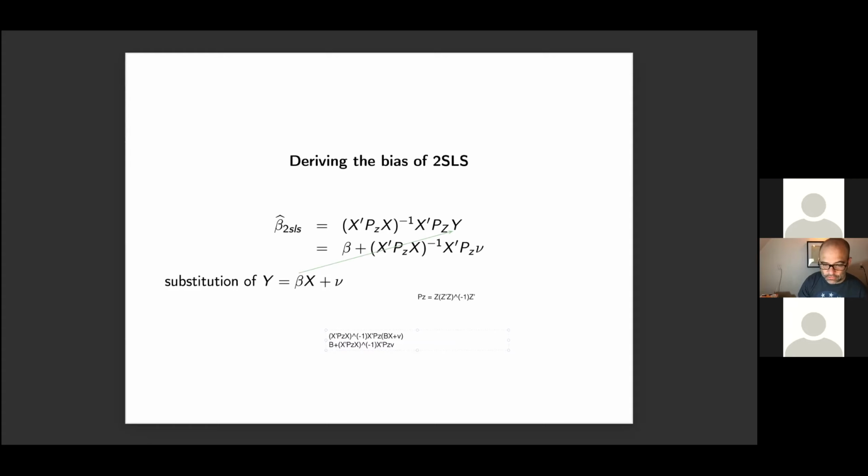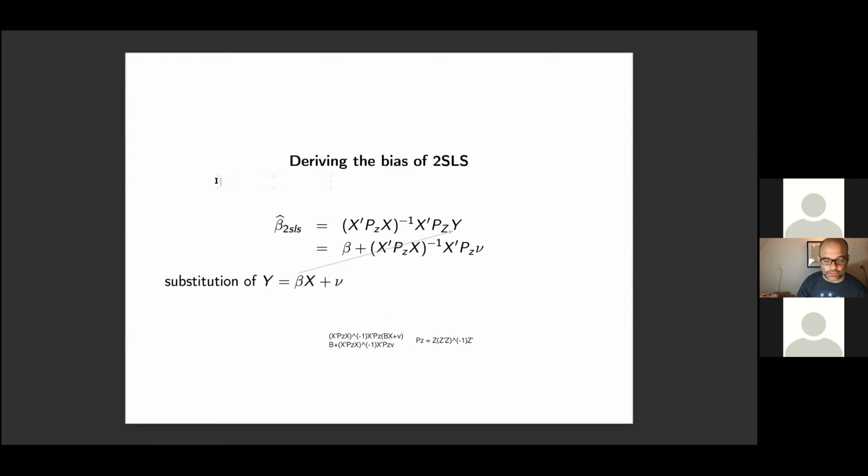We get beta plus X prime PZ X inverse, X prime PZ V. So all we did was take the structural causal model, plug it in here, and rewrite the definition of two-stage least squares.